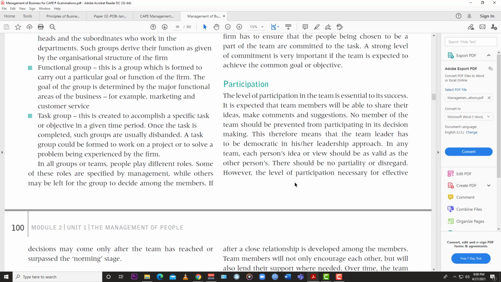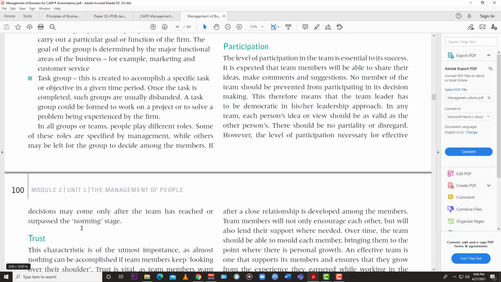However, the level of participation necessary for effective decisions may come only after the team has reached or surpassed the norming stage. Right? So you want all hands on deck. You want nobody just getting shut down, nobody just off doing their own thing. You want full maximum participation.